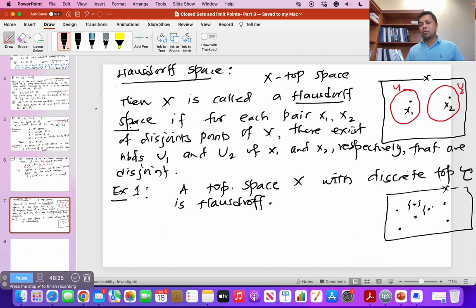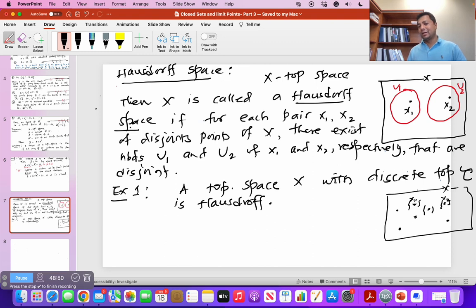These are open sets. That means each singleton is going to be a neighborhood of that point. For example, let's say this is x1 and this one is x2. If we take these two distinct elements of X, then in order for X to be Hausdorff, we need disjoint neighborhoods of x1 and x2.